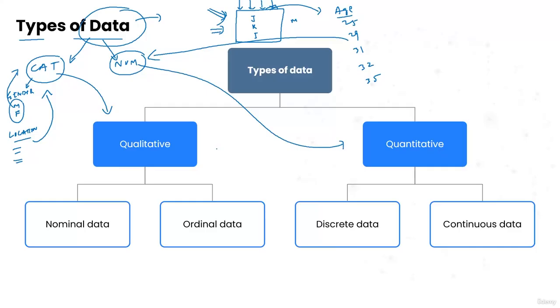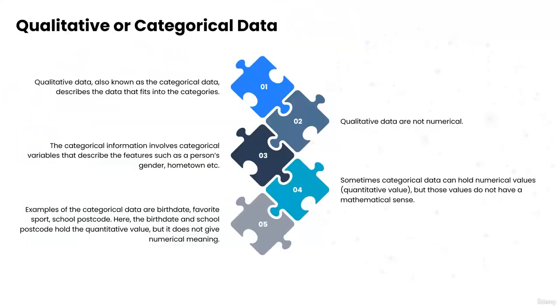Let's try to get into qualitative data. What exactly is qualitative data and what are the further subcategories under it? So qualitative data or categorical data. Qualitative data, also known as categorical data, describes the data that fits into categories.